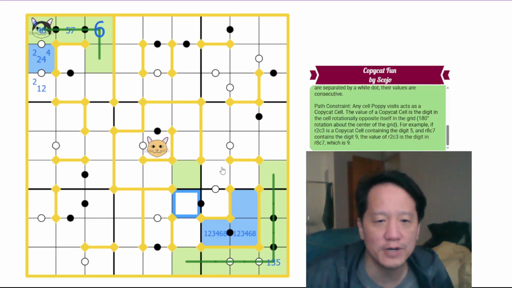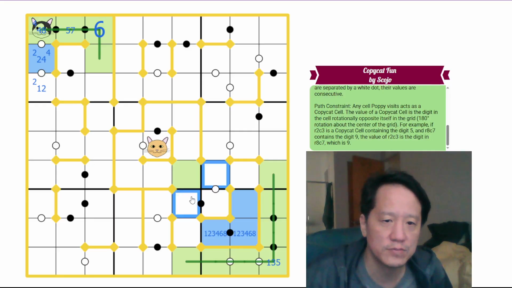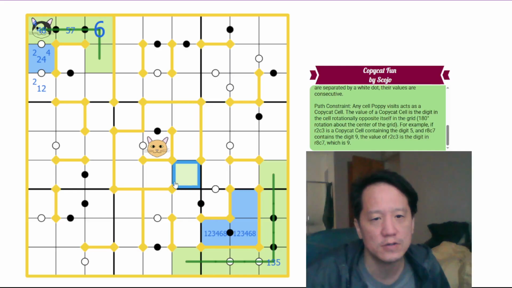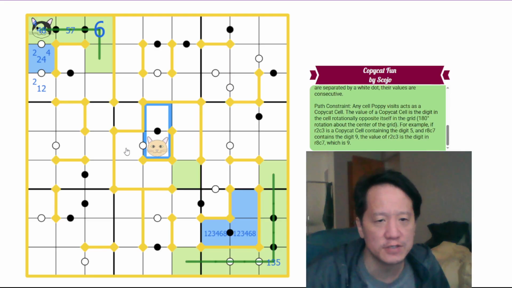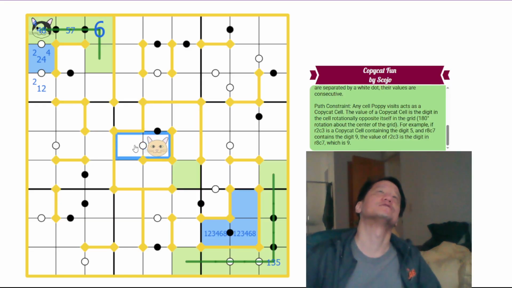Obviously, the path must go through one of these 2. If not both. We could go through all 3 of these, right? To enter here. The only relationship we have is this one or this one. Ah, but it cannot go through the other. That's interesting.